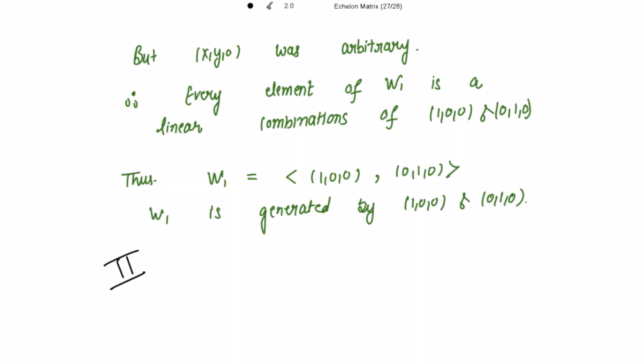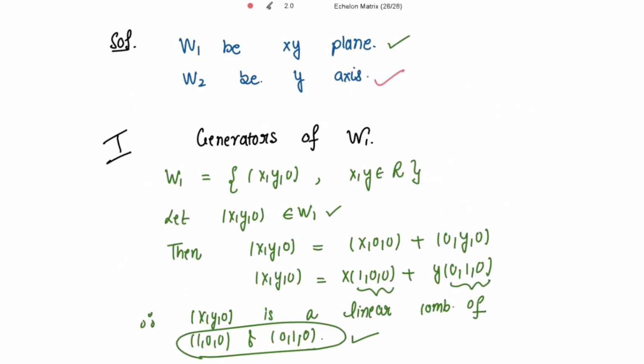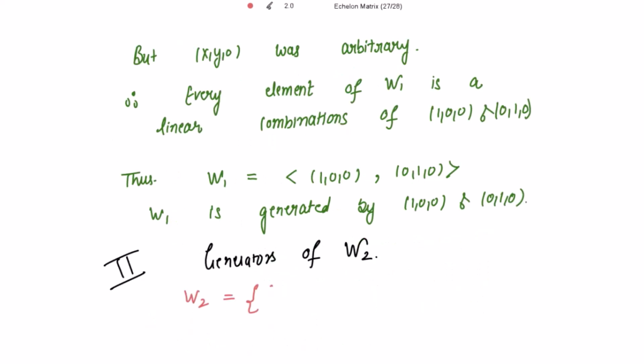Similarly, we need to get the generators for W2 also. What kind of elements are present in W2? It is the y-axis. For the y-axis, x is 0 and z is 0, where y belongs to the set of real numbers. Let's take one element from W2.